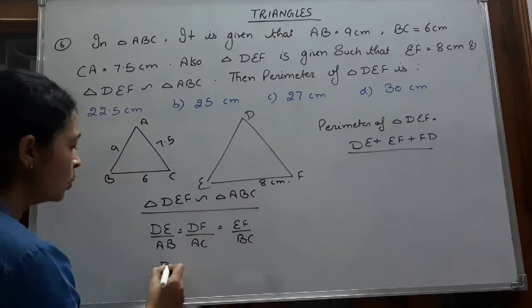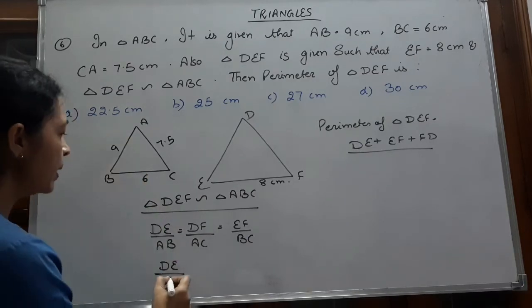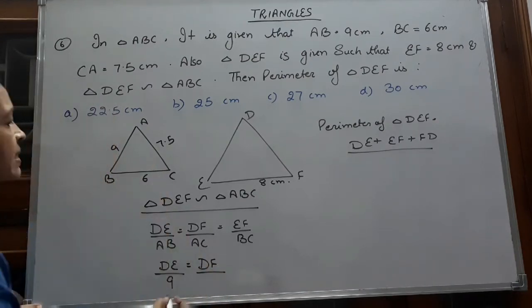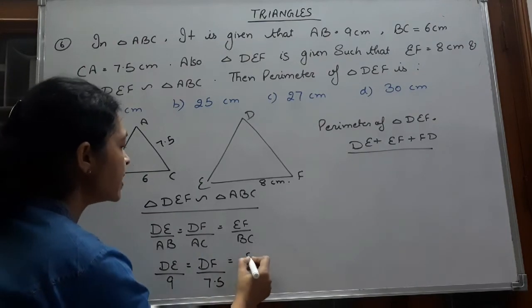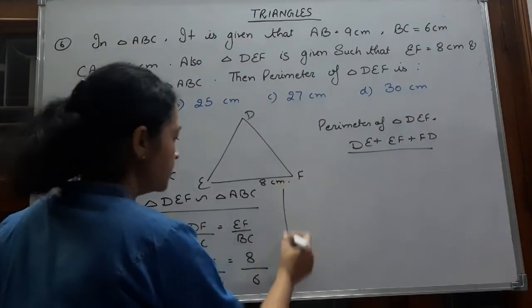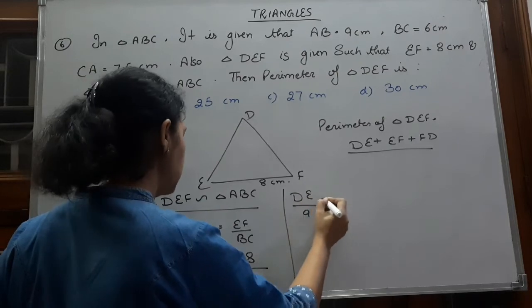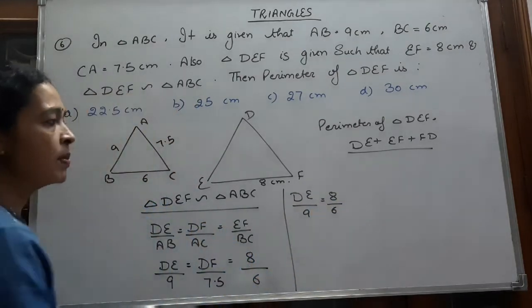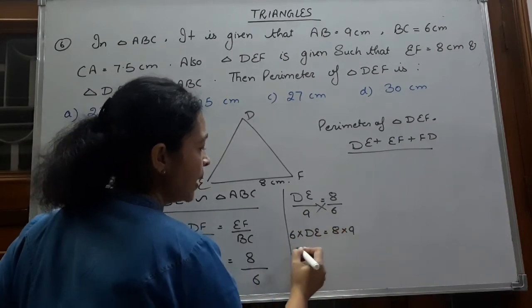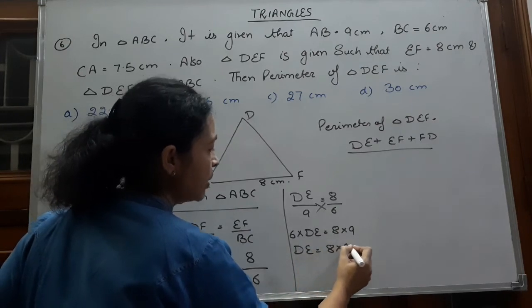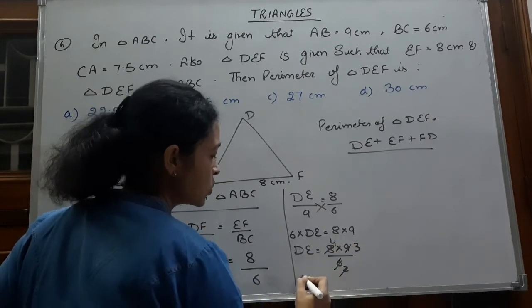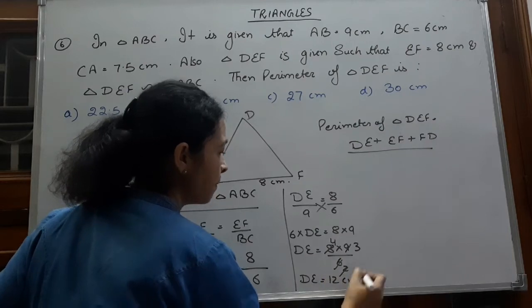Now DE we don't know, AB is 9, DF also we don't know, AC is 7.5, EF is 8 centimeters and BC is 6. Now take DE upon 9 equals 8 upon 6, cross multiply. 6 into DE equals 8 into 9 and DE is 8 into 9 by 6. So DE is 12 centimeters.